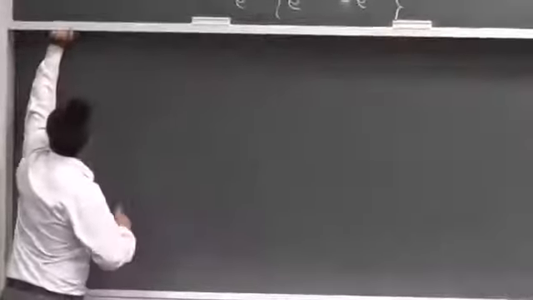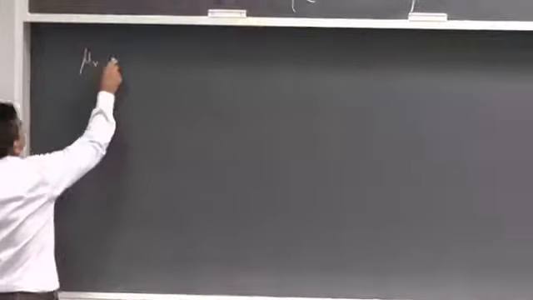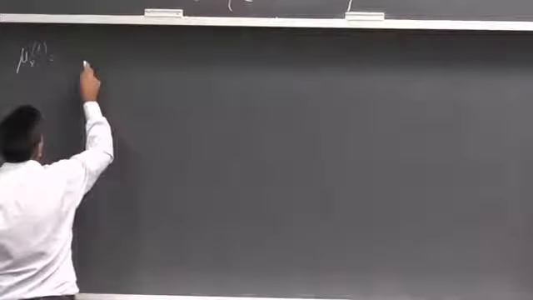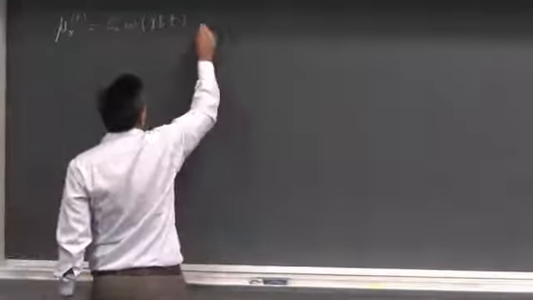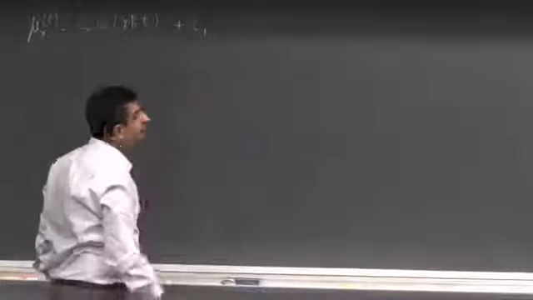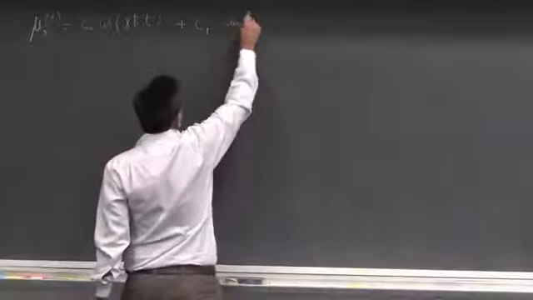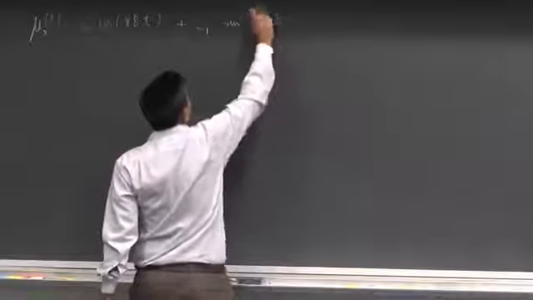So mu x, as a function of time, turns out to be some constant c0 cosine of omega t, where omega is gamma b, plus some constant c1 sine of omega t. Correct?